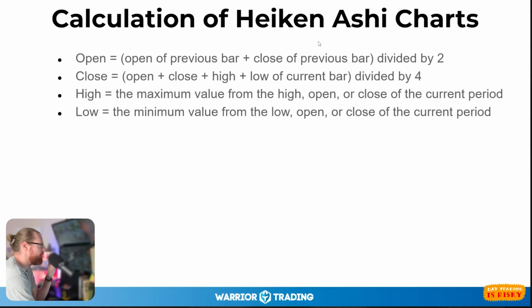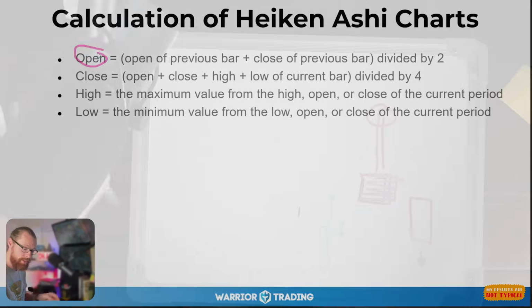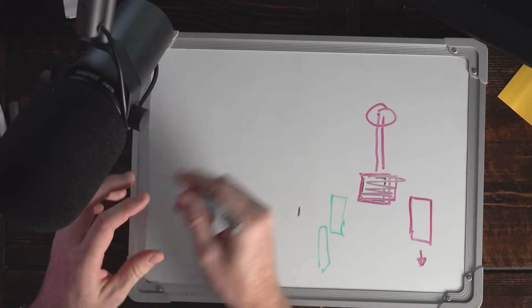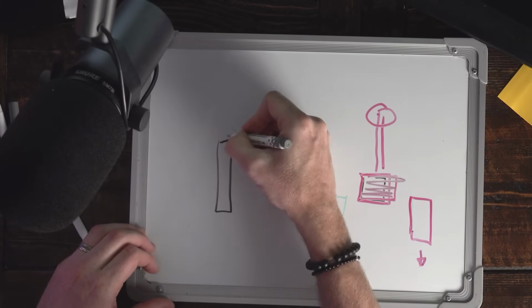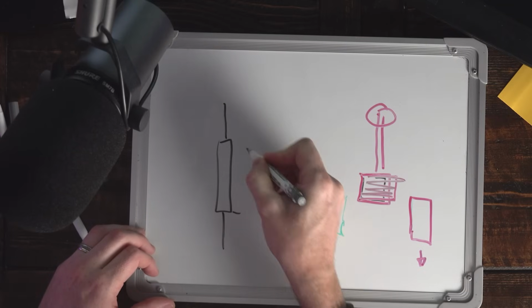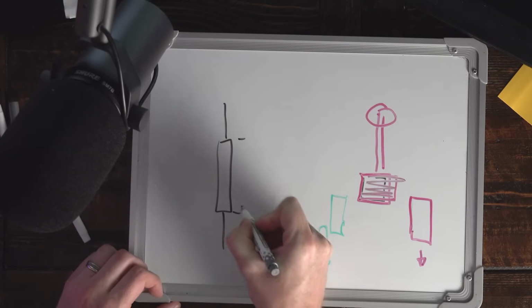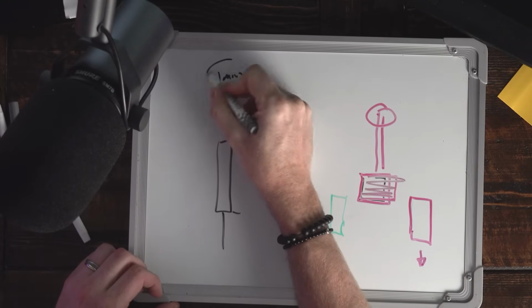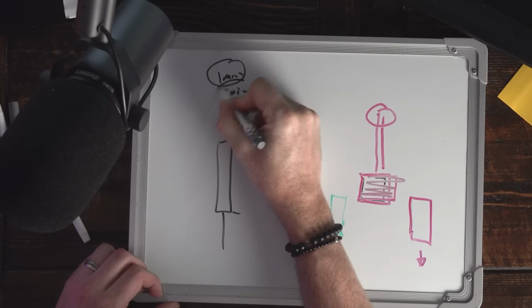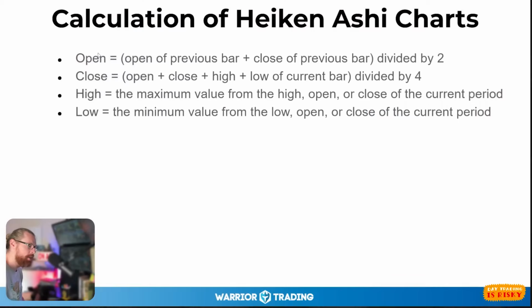So the calculation of Heiken Ashi candlestick charts, the open price, which with a traditional candlestick chart is literally the open price of the candle at that moment, right? We know the anatomy of the bar. So we've got the high, the low, the open, and the close. So this is the opening price of that candle at that period of time. If this is a 1 minute chart, it's a 1 minute. If it's a 5 minute chart, it's a 5 minute, depending on the period of time of that candle.